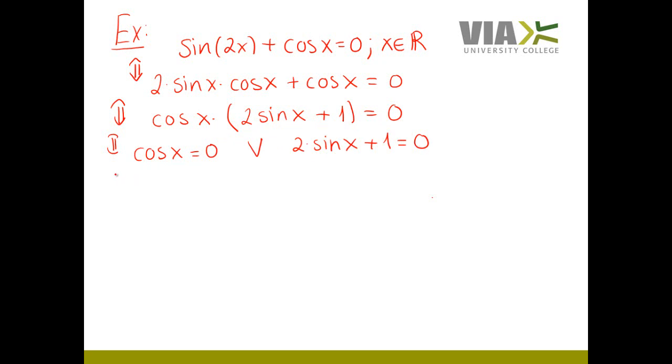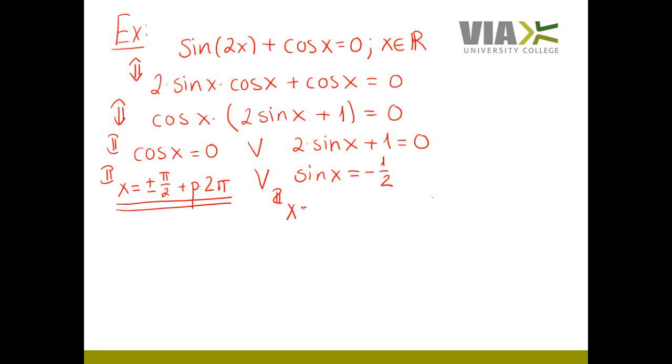So we could start with the first one over here. Cosine x equals 0, then x must be equal to plus minus inverse cosine 0, which is pi over 2, plus p times 2 pi. So that's the first solution which we have. Or, and then I just rearrange and isolate sine x. That must be sine x equals minus 1 over 2. I subtract the 1 on both sides and divide with 2. And then I have the trigonometric basic equation sine x equals minus 1 over 2, which I can solve.